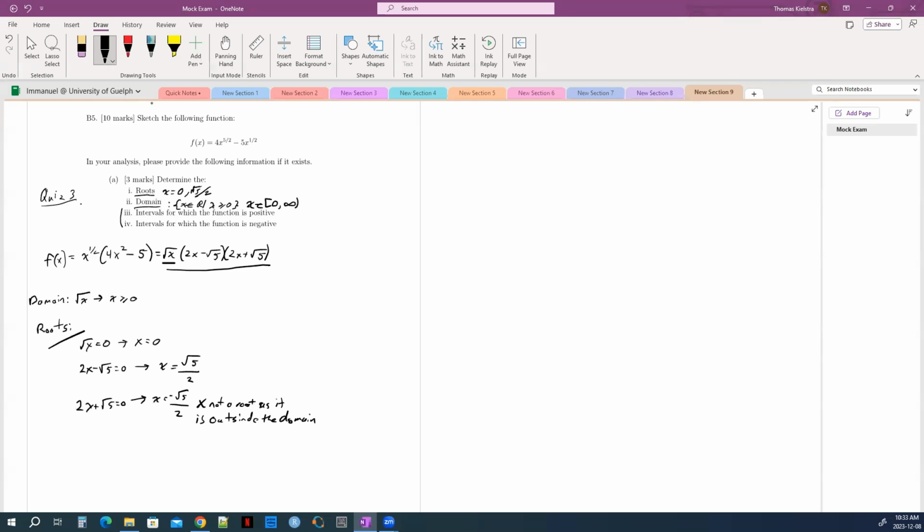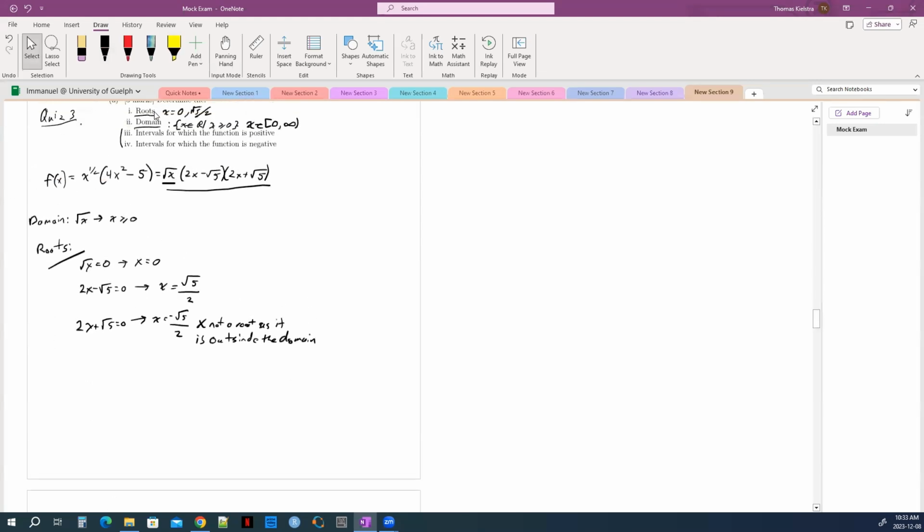Okay, so that gives us our roots, and now intervals for positive and negative. To do this, we create a sign chart. So I'm going to create a sign chart with my values minus root 5 all over 2, 0, and root 5 all over 2.